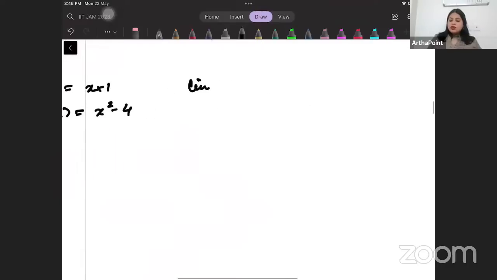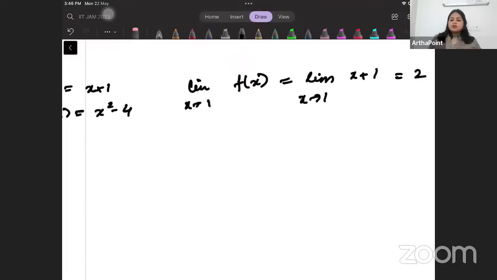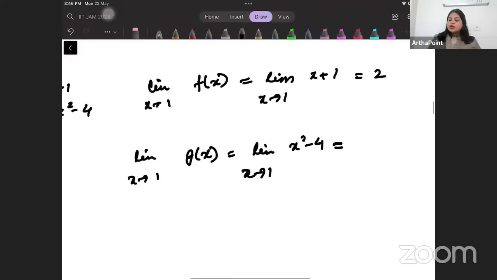So limit x tends to 1, f(x) is limit x tends to 1, x plus 1, which is 2. Limit x tends to 1, g(x) is equal to limit x tends to 1, x square minus 4, which is 1 minus 4, equal to minus 3.